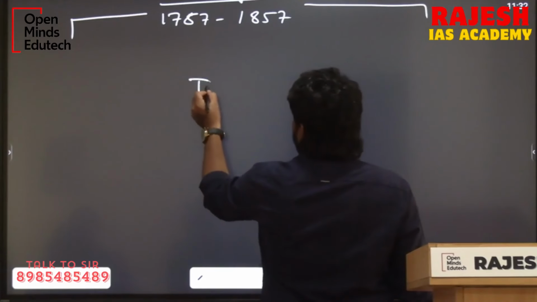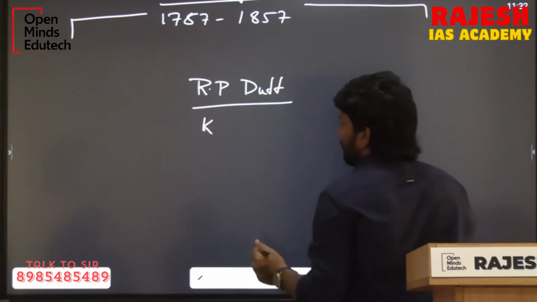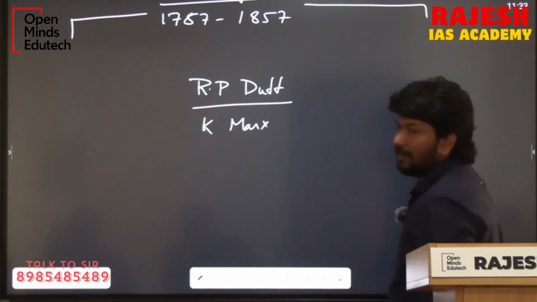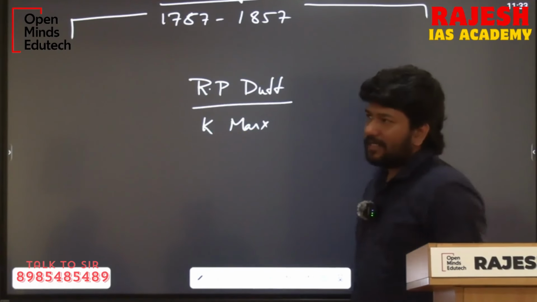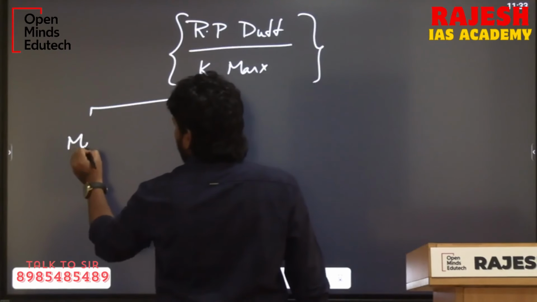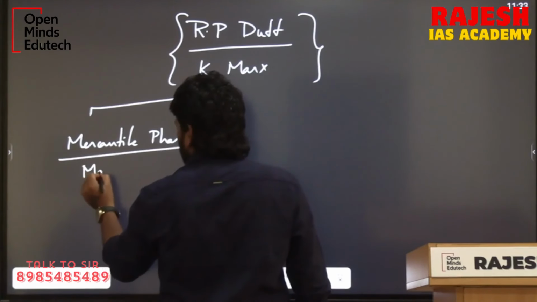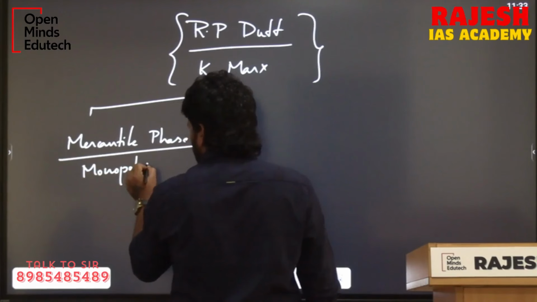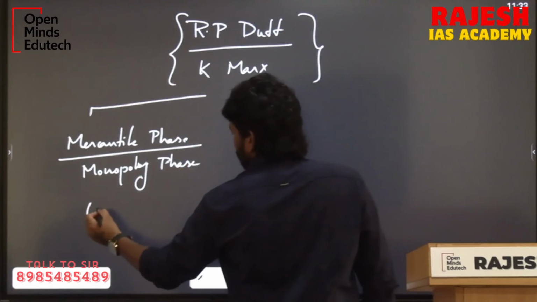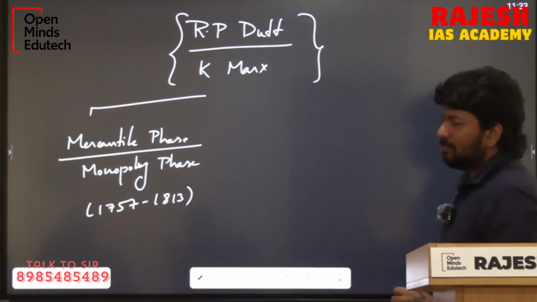See, two persons, R.P. Dutt and Karl Marx, they divided the company rule into two parts: the mercantile phase and the monopoly phase.